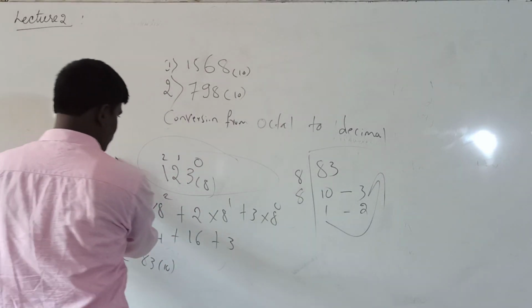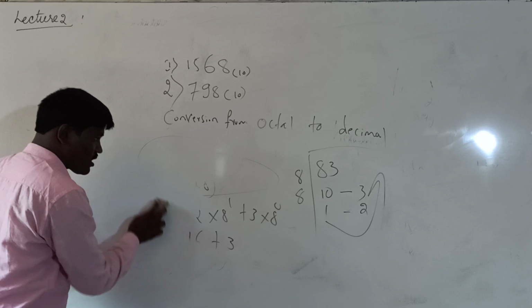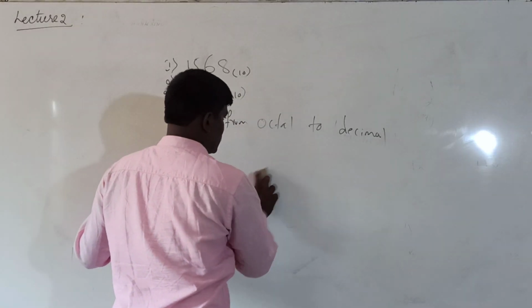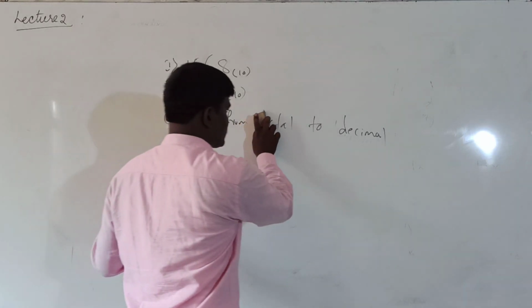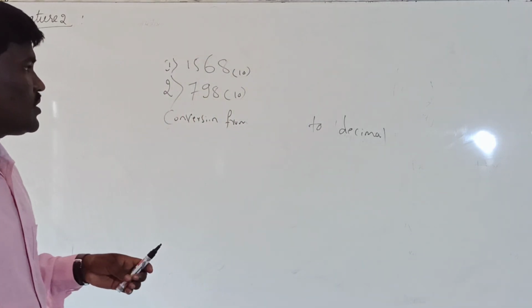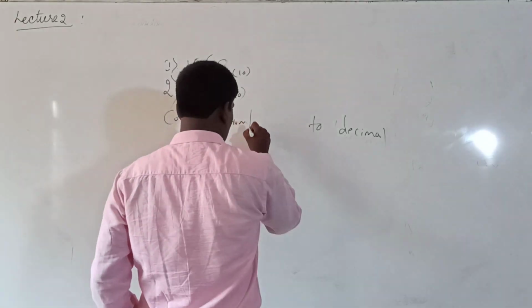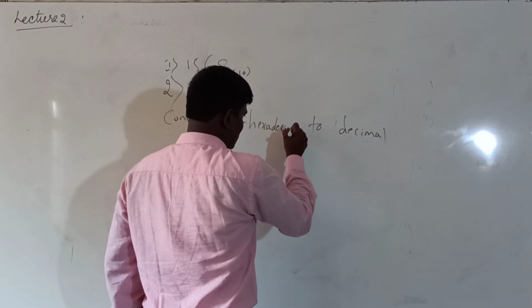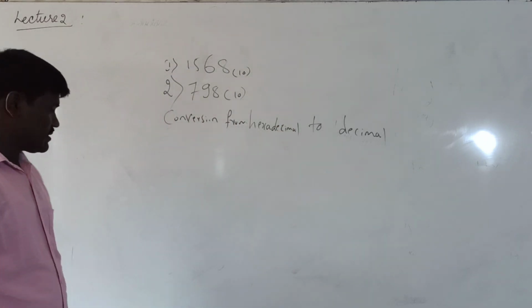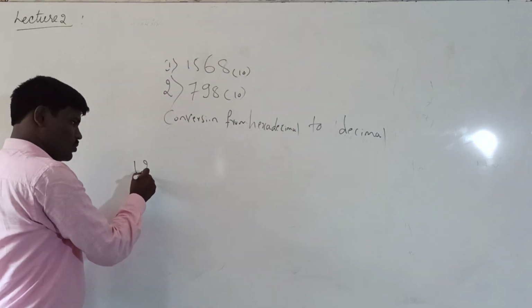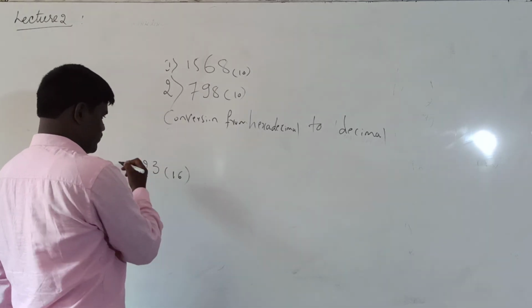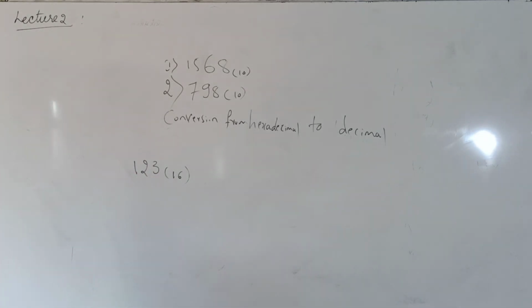Last one is conversion from hexadecimal to decimal. Hexadecimal to decimal. 123, again we take the same, 123 to the base 16.